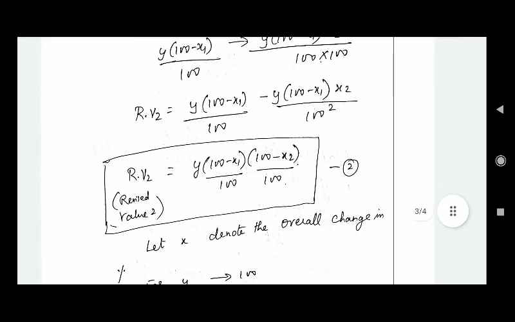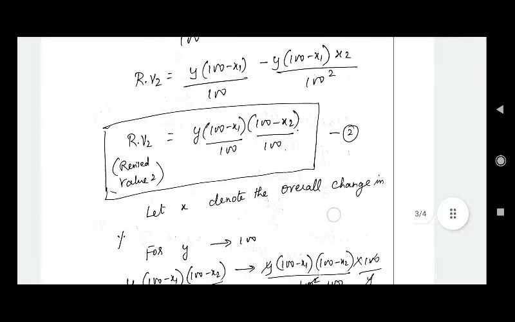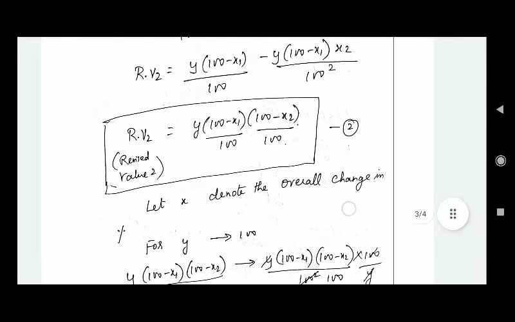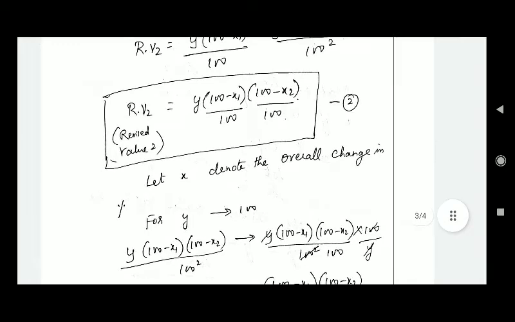So the final revised value comes out to be y times (100 minus x1) multiplied by (100 minus x2) by 100 square. So this equation might also be quite useful for the competitive exams like XAT, CAT, SBI PO, etc. So x1 and x2 are unequal percentage drops.